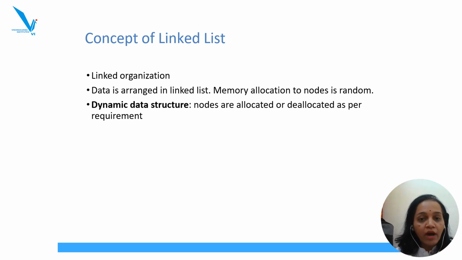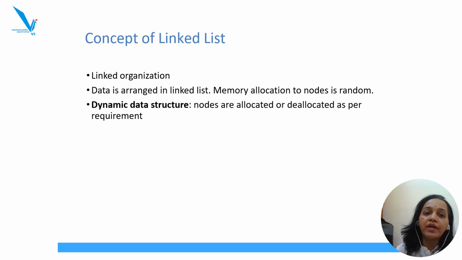I want to add a node, I will create a node and attach it to the link. I will add one more node and attach it to the link. So depending on my requirement, I can create the nodes and link them to the existing linked list, right? So there is no beforehand memory allocation and it will save our space.